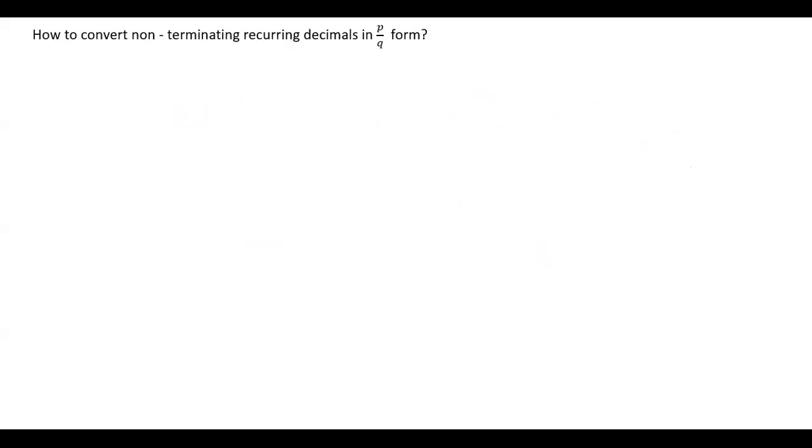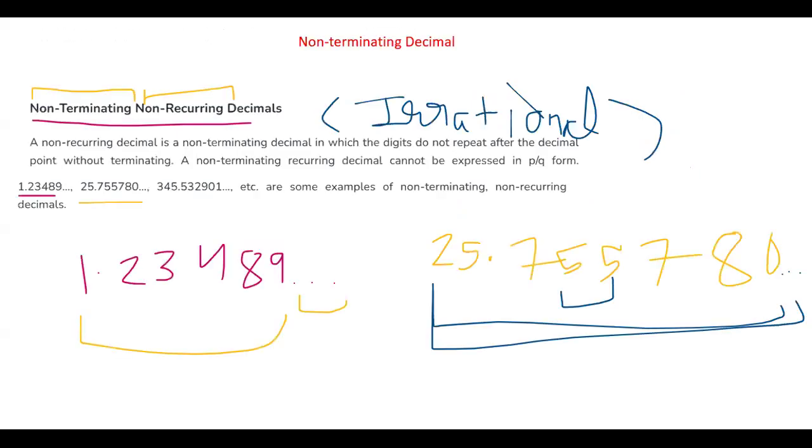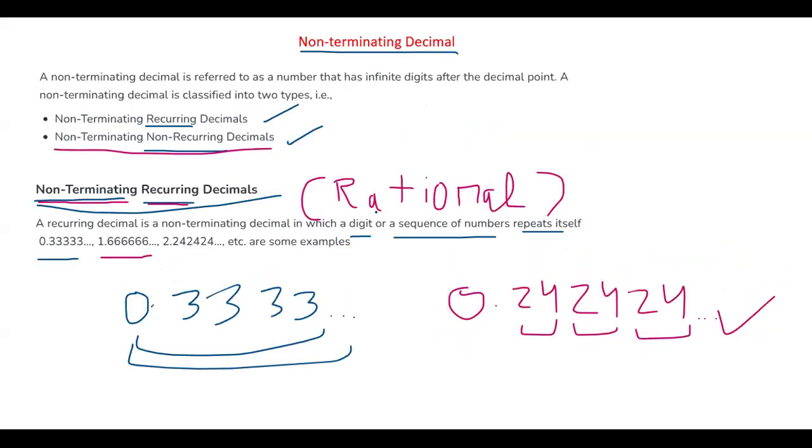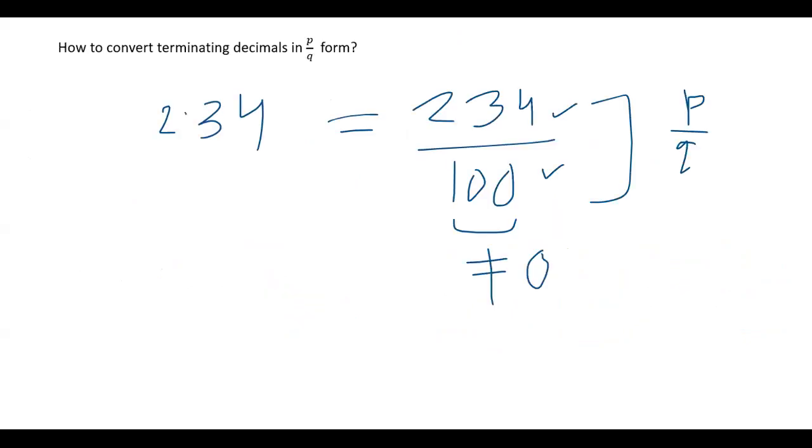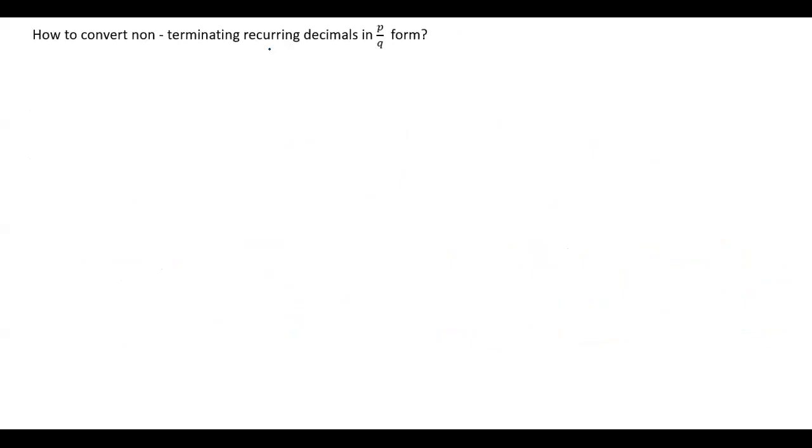Secondly, now we will learn how to convert a non-terminating recurring decimal into P by Q form. We have already talked about in the previous slides that non-terminating recurring decimals are also rational numbers. So now we will learn how to convert recurring decimals into P by Q form.